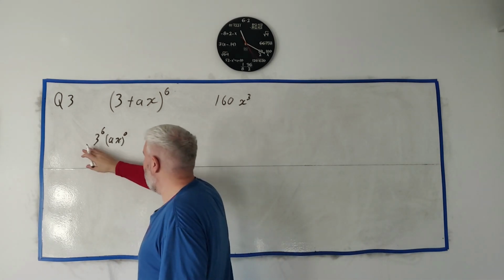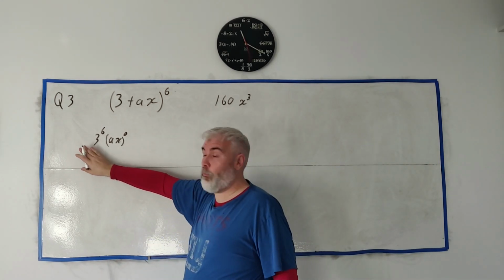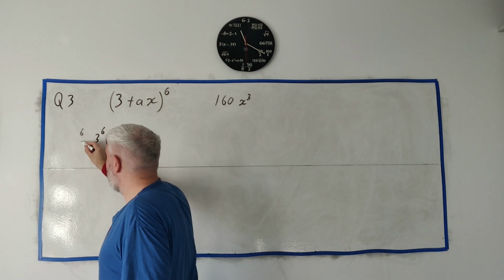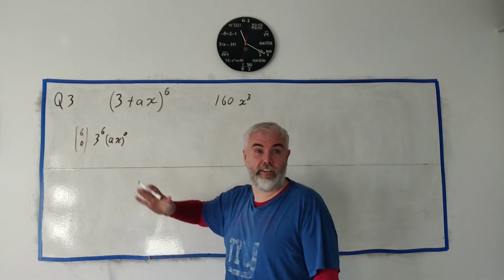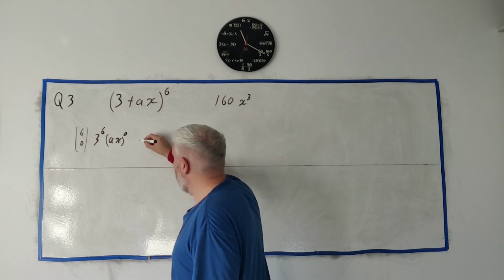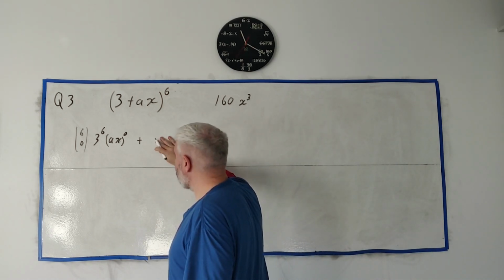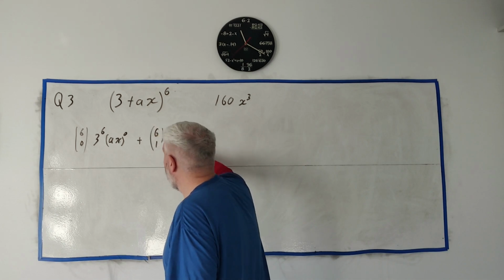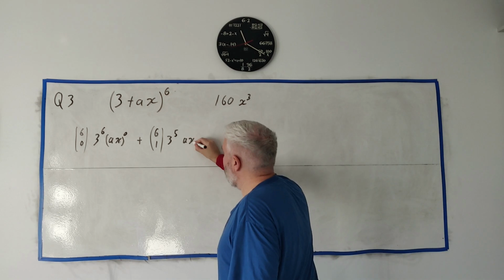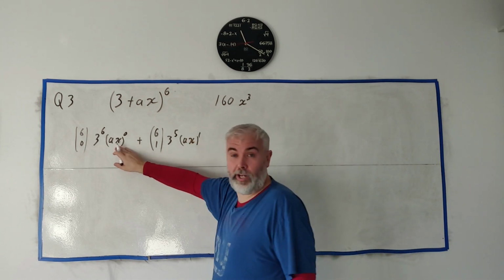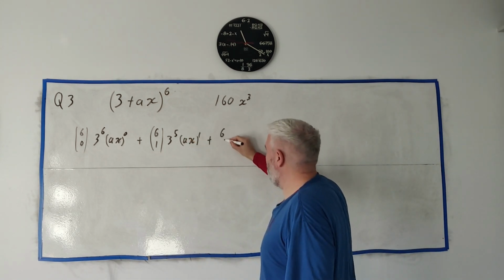And again, it's multiplied by 1, but we might also see 6 choose 0. That's just 1. You don't see this often. The next term, plus 6 choose 1, 3 to the power of 5, we're getting 1 less each time, ax to the power 1, we're getting 1 more, and this stays going. I'll just write them all out.